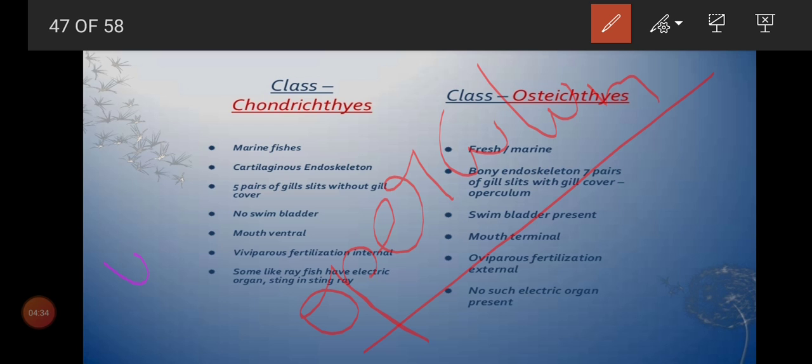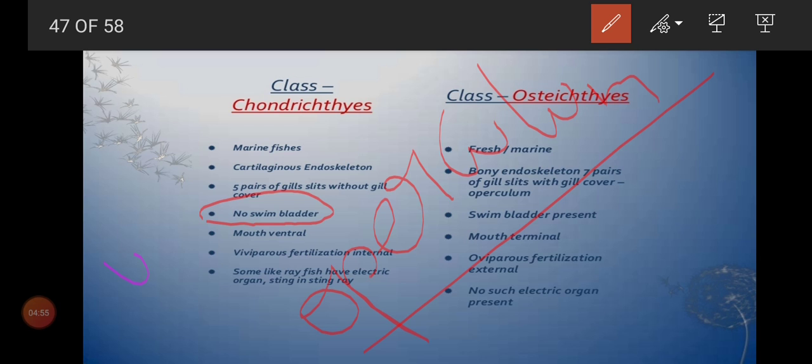And here in Chondrichthyes, what is the first point? It is a cartilaginous marine fish with 5 pairs of gill slits, not covered by a gill cover or operculum. Is that clear? And there is no swim bladder. No air bladder can be seen in Chondrichthyes.